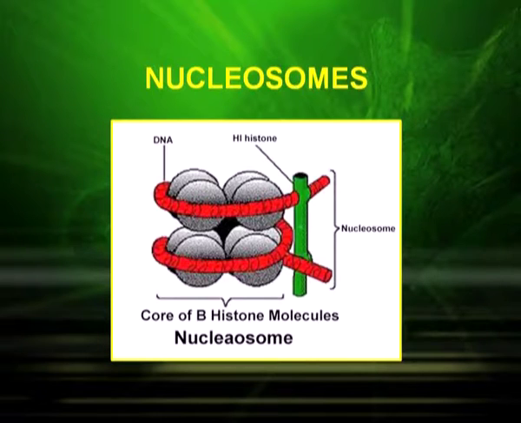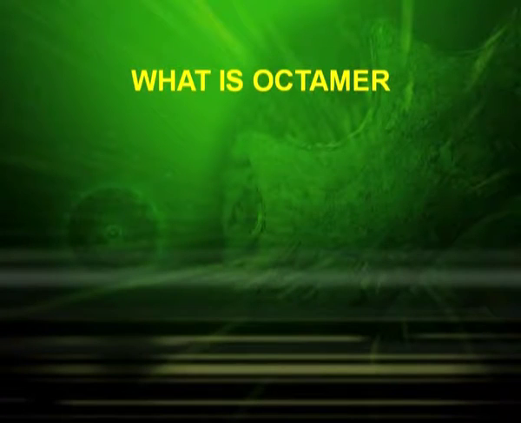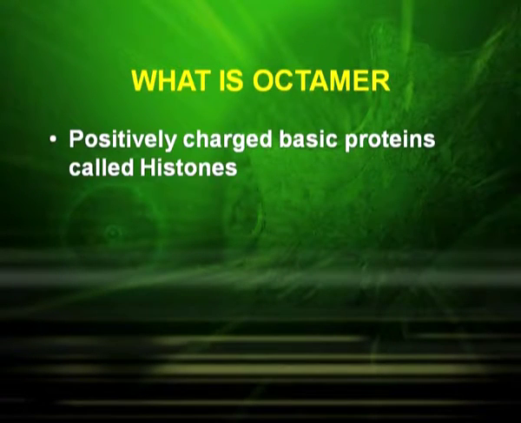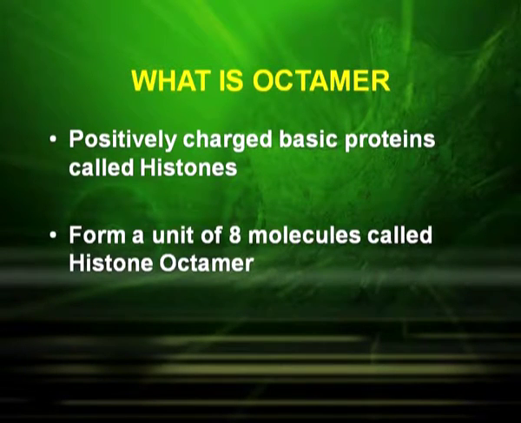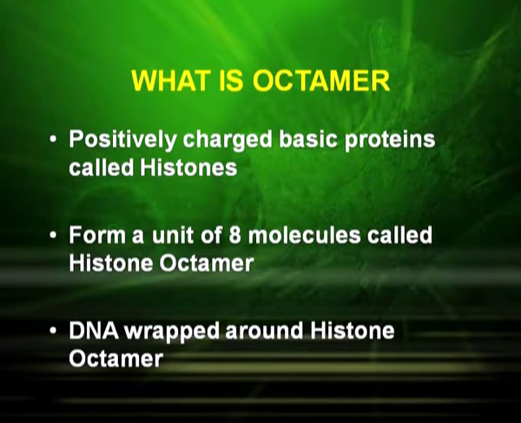Now, let us go into detail on the structure of the nucleosome. What is an octamer? It is made of positively charged basic proteins called histones. The octamer is made up of 8 histone protein molecules. The DNA is wrapped around the histone octamer.